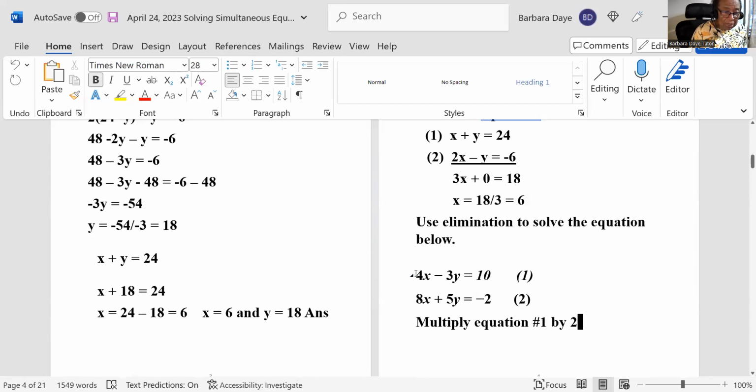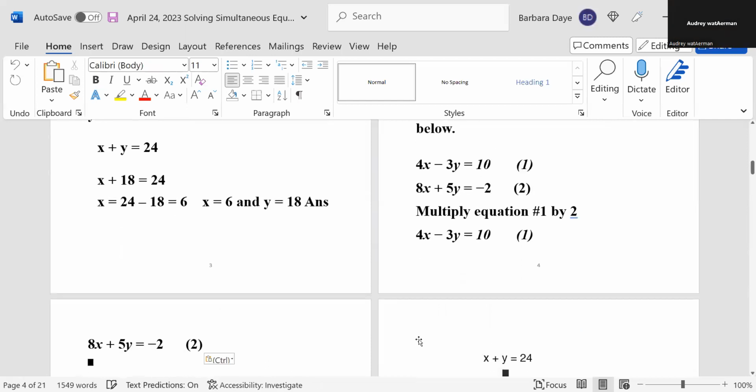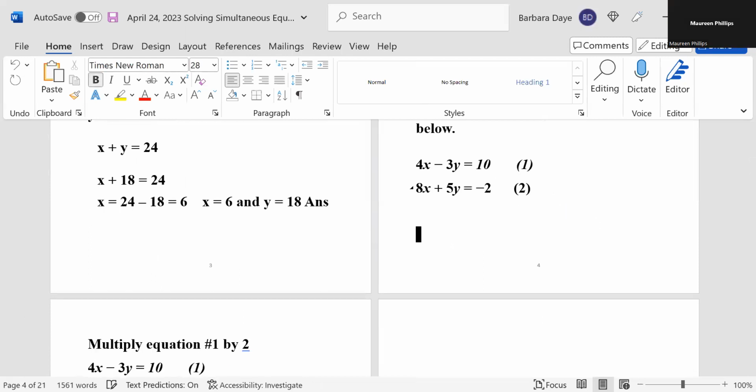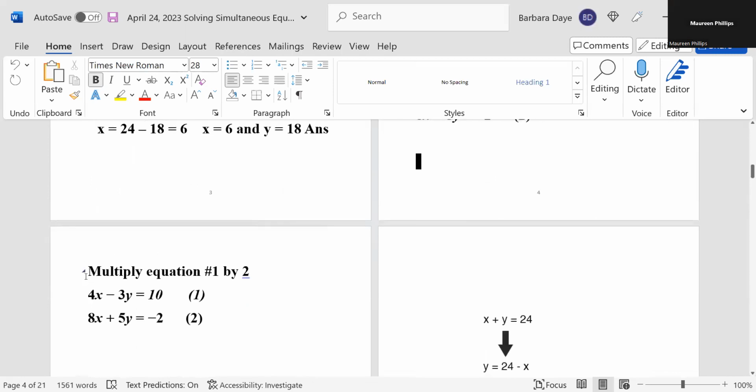So let me just put that 2 in front, and then I want you to do the actual multiplication. Let me bring that all together. Put the 2, and you multiply this by the whole thing, so I'm putting it in parentheses here.